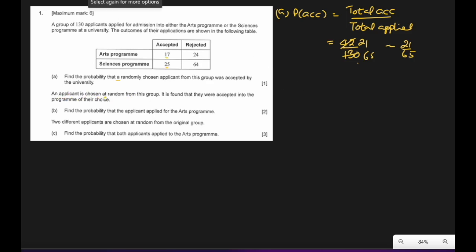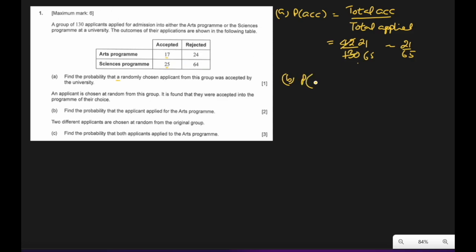An applicant is chosen at random from the group. Again, one applicant. It is found that they were accepted. It's confirmed. They were accepted, meaning that the person was out of those 42 into the program. Find the probability that the applicant applied for the arts. So B part.